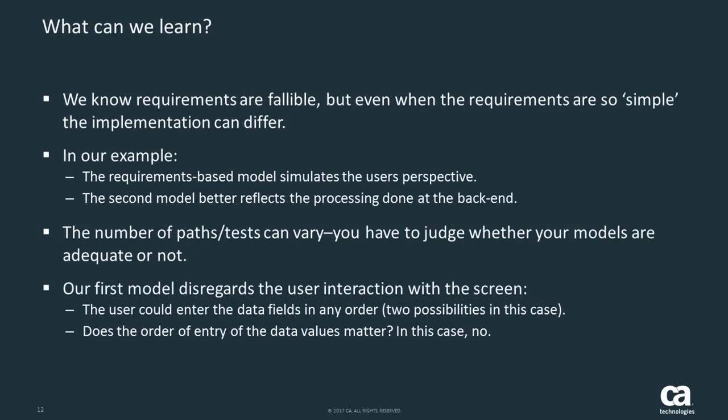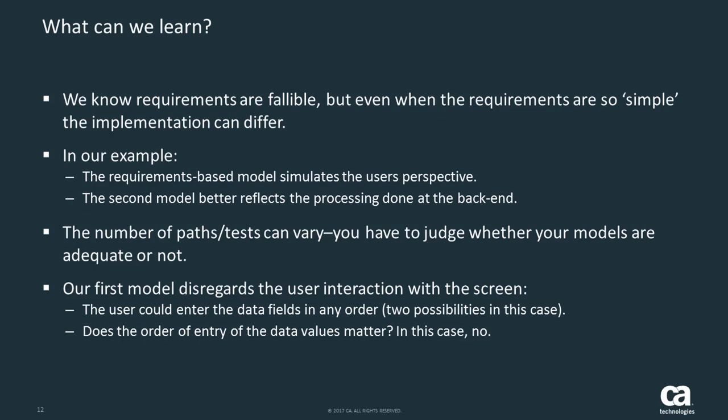Now, what can we learn from what we've done so far? We know requirements are fallible, but even when the requirements are very simple, just a login screen, we know the implementation can differ from the as-required version. So in our example, the requirements-based model kind of simulates the user's perspective. Any invalid outcome from the decisions will mean the credentials are rejected.